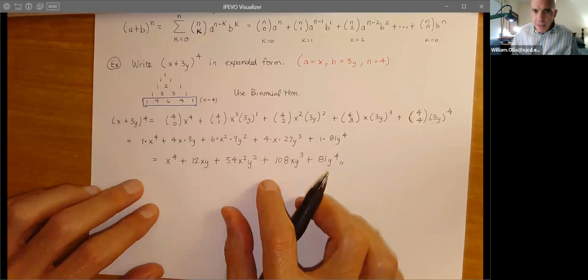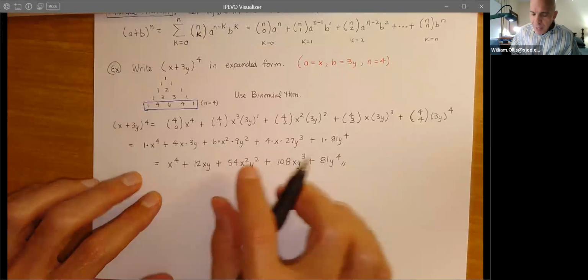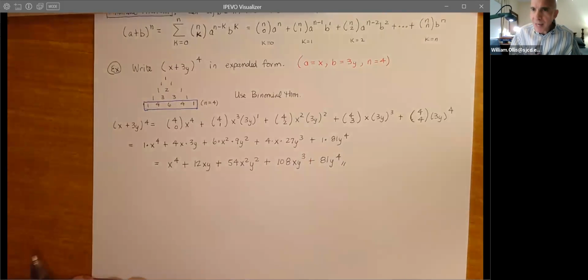So when you look at this, you're thinking, okay, that's better than multiplying this out 4 times and collecting terms. That would be harder to do without error. For instance, sometimes when you're working with trig identities, you've got to multiply and collect your terms and use the reduction formulas.